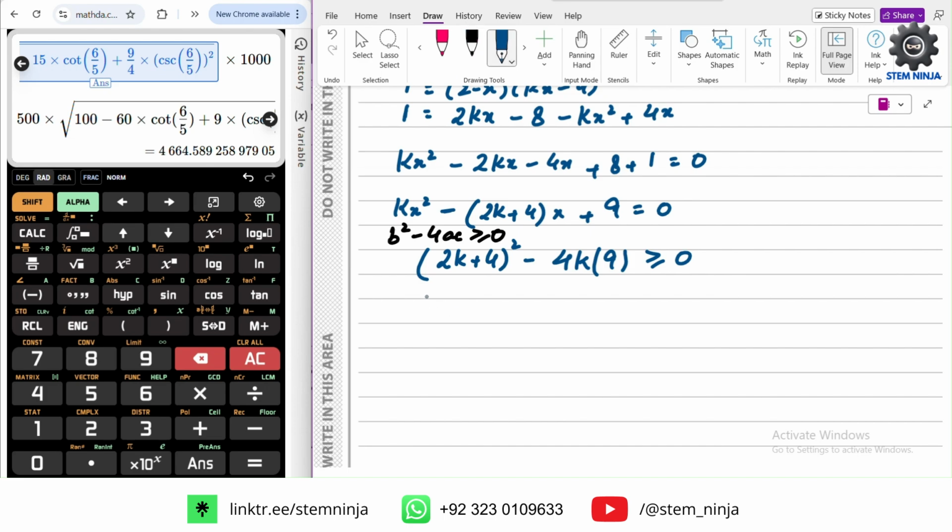So this will become 4k squared plus 16k plus 16 minus 36k, greater than or equal to 0. We get 4k squared minus 20k plus 16.